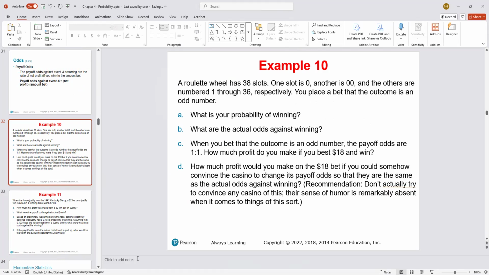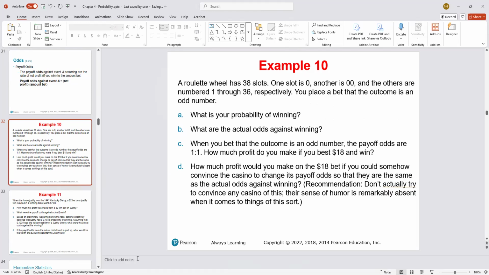Here, a roulette wheel has 38. We said a roulette wheel has 38 slots. One slot is 0, another slot is 00, and the others are numbered from 1 through 36, respectively.